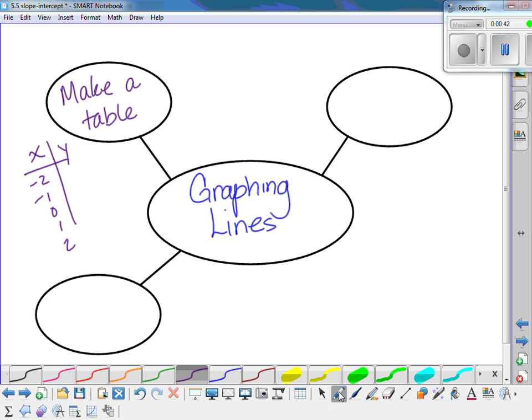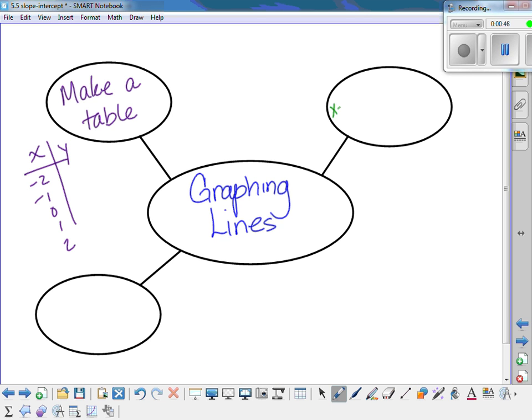And then the next way we learned was using the X and Y intercepts. And we used that method when it was given to us in standard form, AX plus BY equals C. And that was when we made the little table with the zeros.